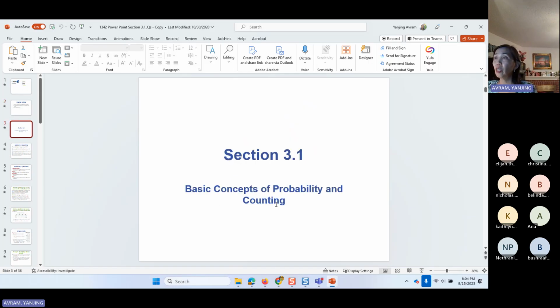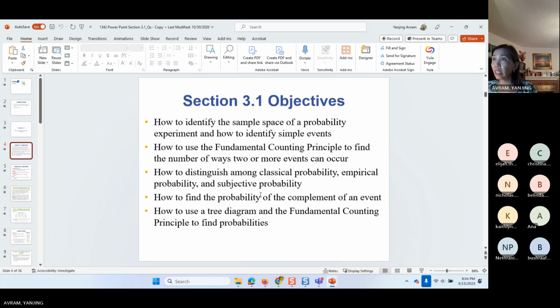All right. So the first section is about basic concepts and counting. The objective for this section is that you're gonna be able to use the fundamental counting principle to find the number of ways 2 or more events can occur, and then distinguish between classical, empirical, and subjective probability.